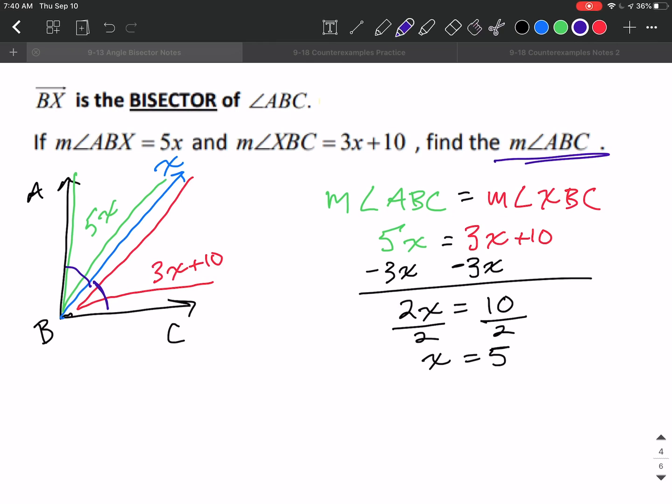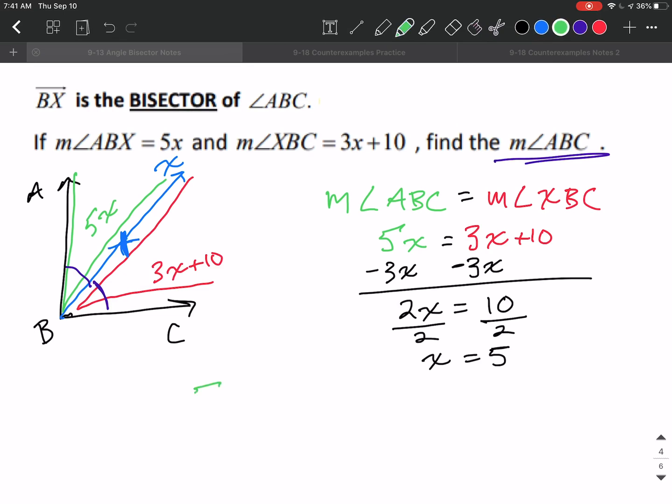I know that if I take the green and red and add them together, that will give me the whole angle. So what I need to do now is substitute 5 into 5x, and then substitute 5 again into 3x plus 10 and add them together.